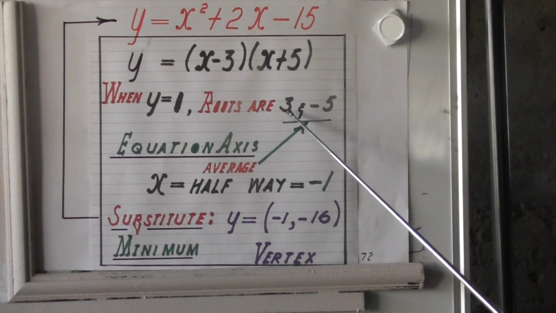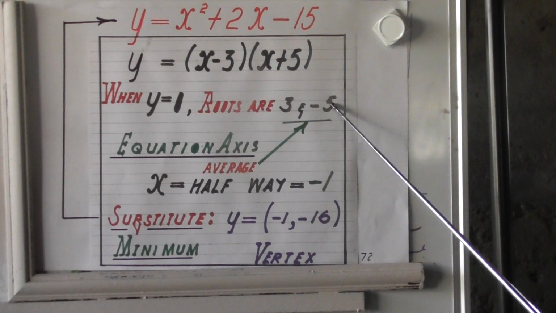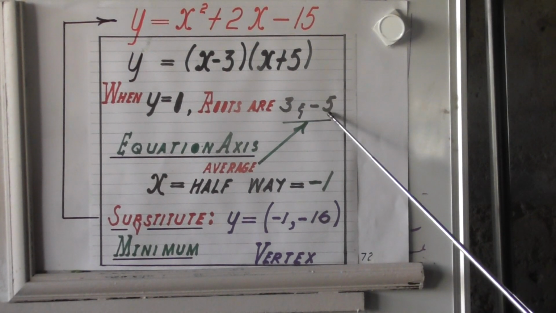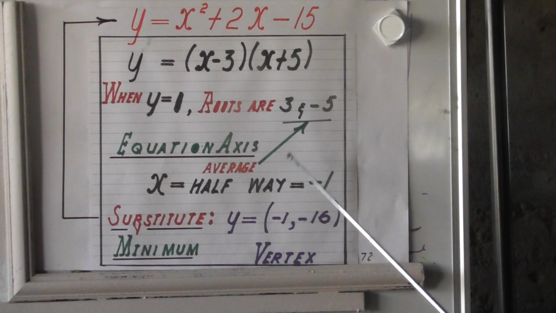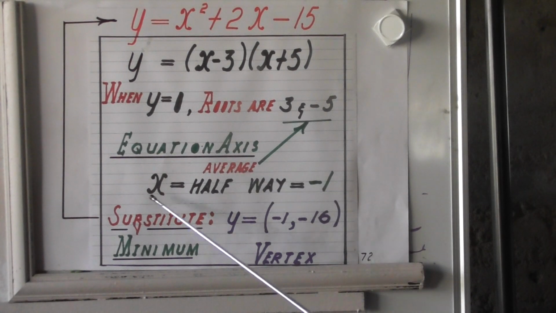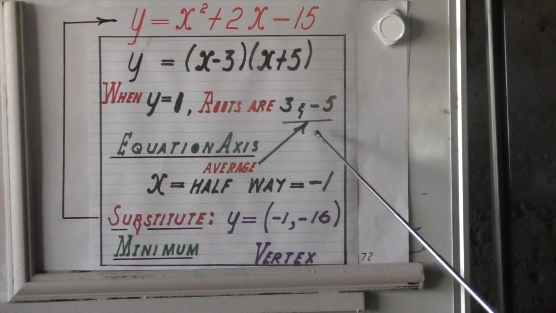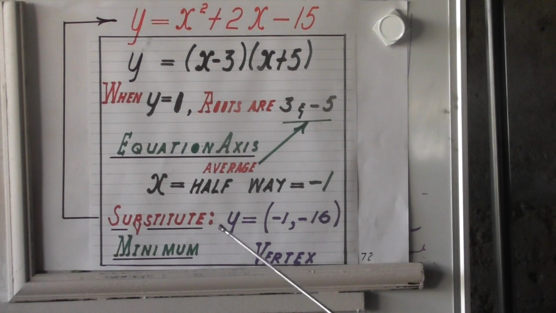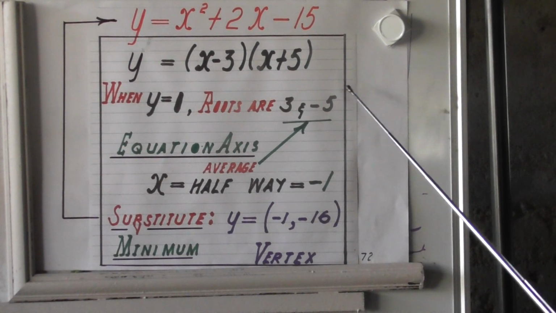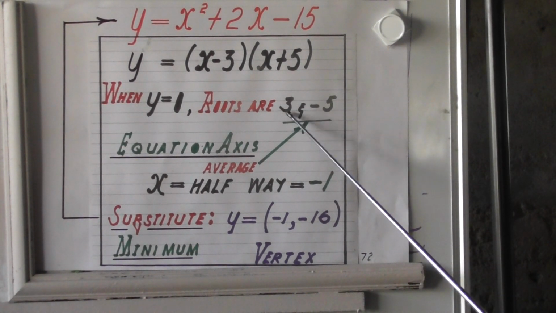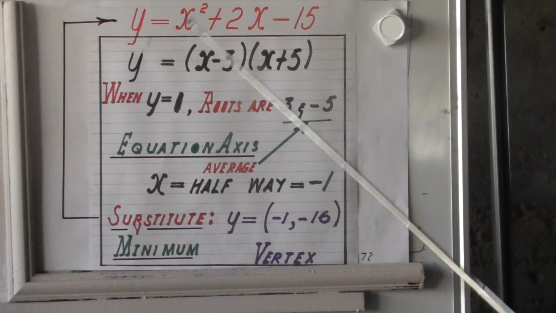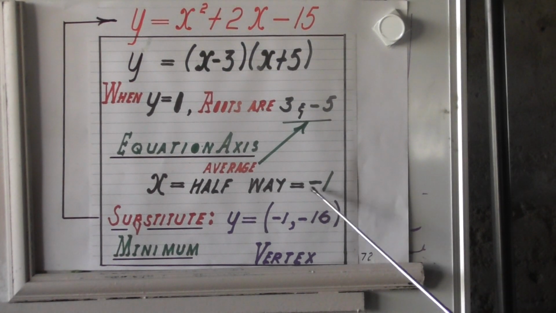In between, the negative is winning by 2, you have to halve it, negative 1. So the axis, the one in the middle, the equation of the axis is x equals negative 1. That is in between these two points.